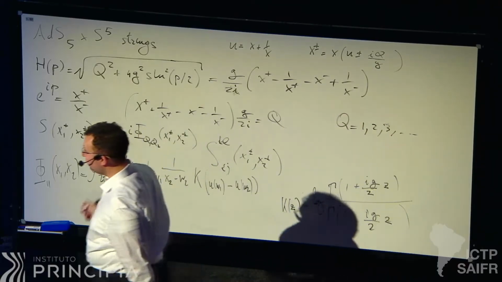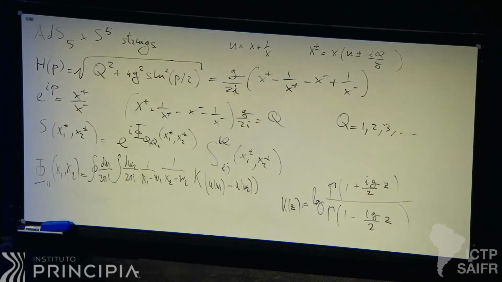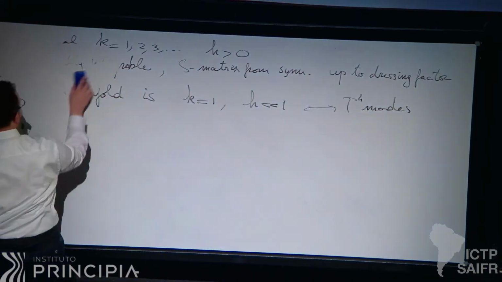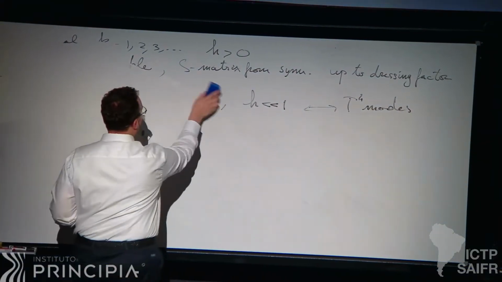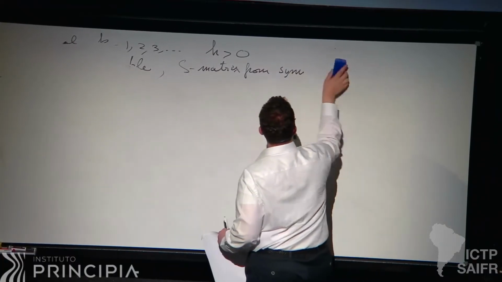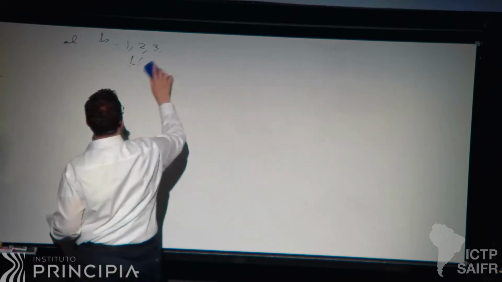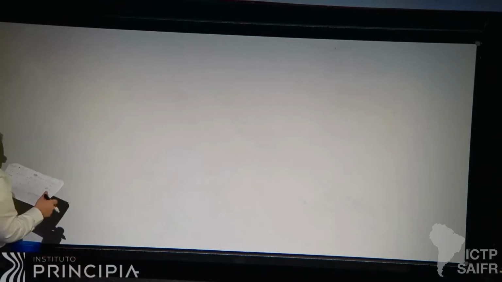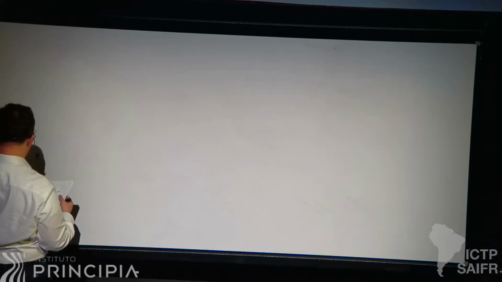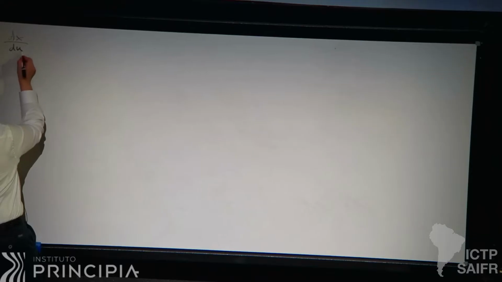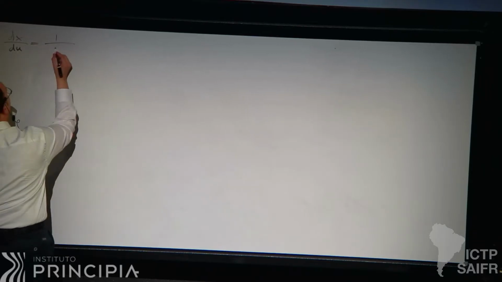Okay, so that's the solution for the case of AdS5, and I would like to stress one point about this. Some nice property of this dressing factor becomes immediately clear if you think a little bit harder about these x's and these u's. This u parametrization, or x of u, has a branch cut, and you can immediately see that if you compute dx over du, this map is something like this.